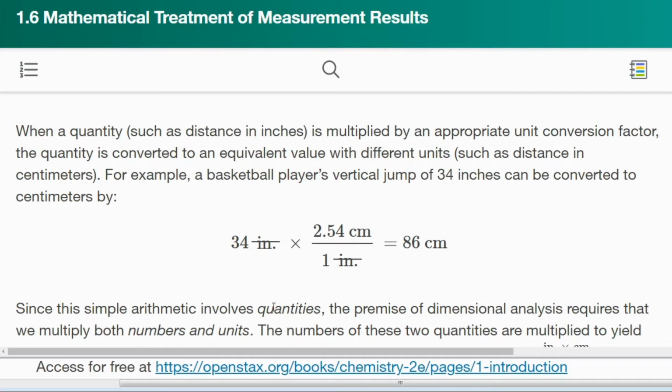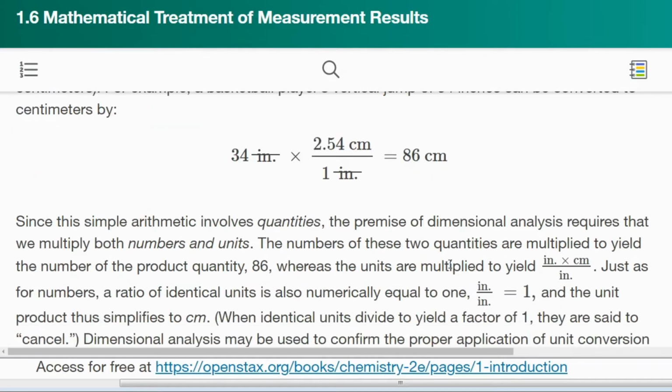So the jump is 34 inches, and you multiply it by the conversion factor, and you get 86 centimeters. Notice the units, inches, cancel, and you multiply by 2.54 centimeters, you get 86 centimeters. So 34 inches is equal to 86 centimeters.